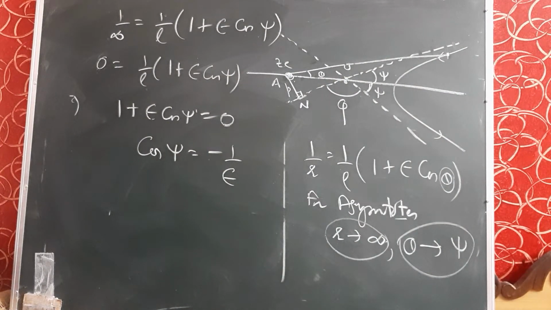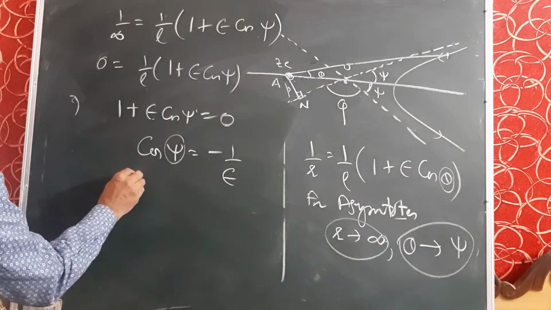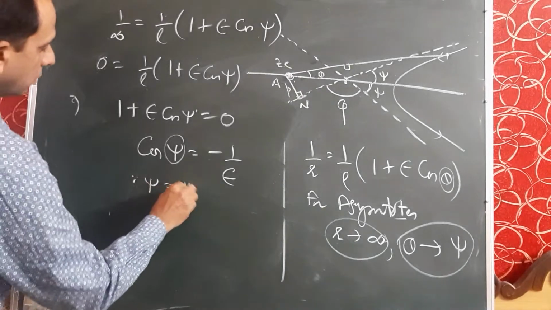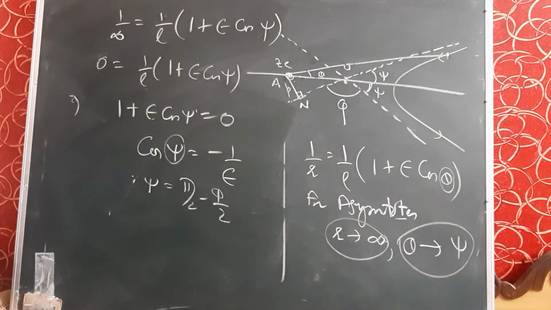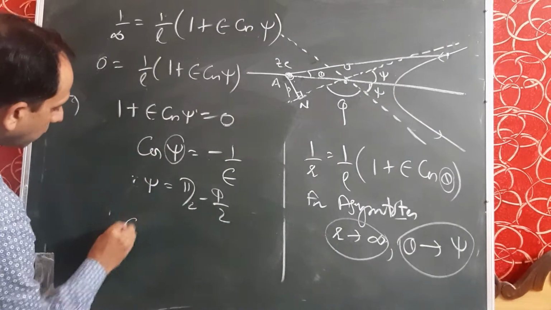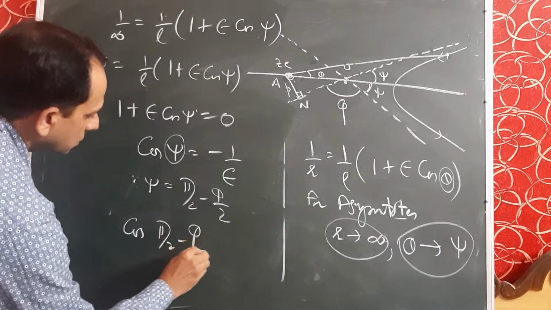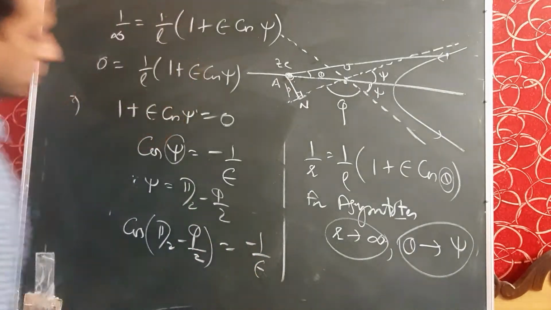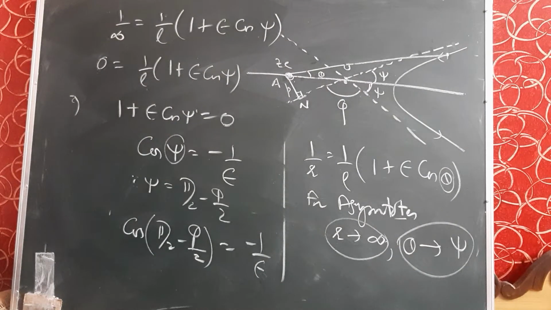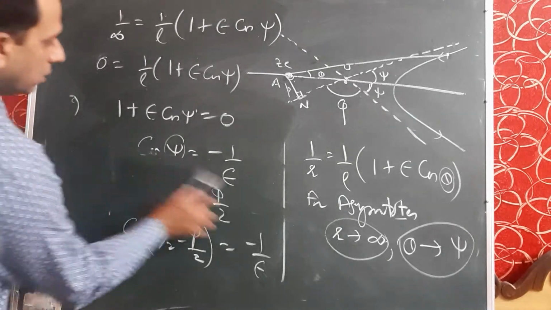Now put the value of psi here. Since psi is equal to pi by 2 minus phi by 2, which I have already proved, it will become cos of pi by 2 minus phi by 2 is equal to minus 1 by epsilon. Cos of 90 minus theta becomes sin theta.